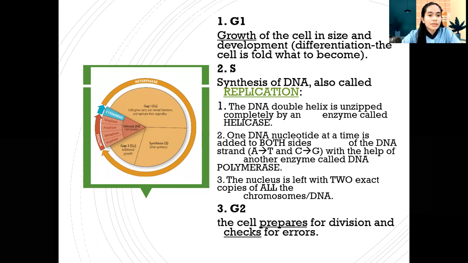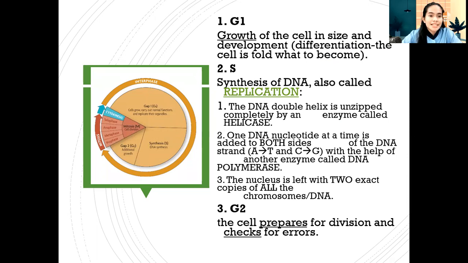They are the nucleotide base pairs. We also have C, that's cytosine, and its partner is G, guanine. So again: A, adenine; T, thymine; C, cytosine; G, guanine. Adenine pairs with thymine, and cytosine pairs with guanine.